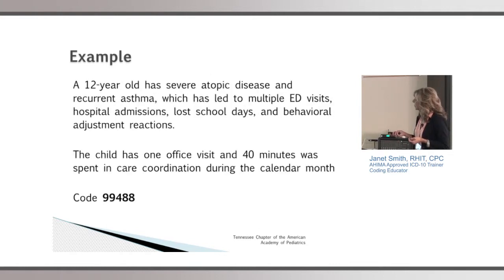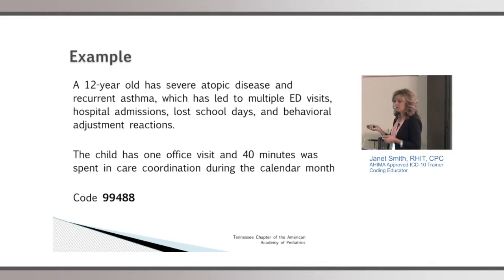The next example is for a face-to-face visit. So you have a 12-year-old who has severe atopic disease and recurrent asthma, which led to multiple ED visits, hospital admissions, school days lost, and behavioral adjustment reactions. The child has one office visit during the month, and then 40 minutes was spent in care coordination for the month as well.